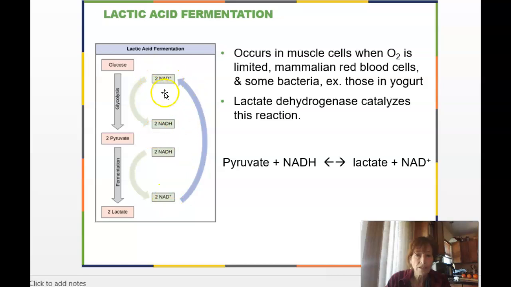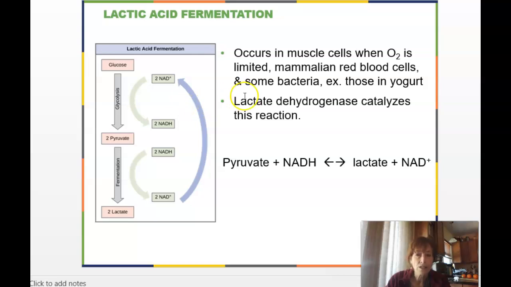We need to get back to NAD to make a little bit of ATP each time. So this bypass that gets us to making some lactate and also freeing up that NADH, so that we can go back and do it again and get a couple more ATP out of this cycle, is called lactic acid fermentation.